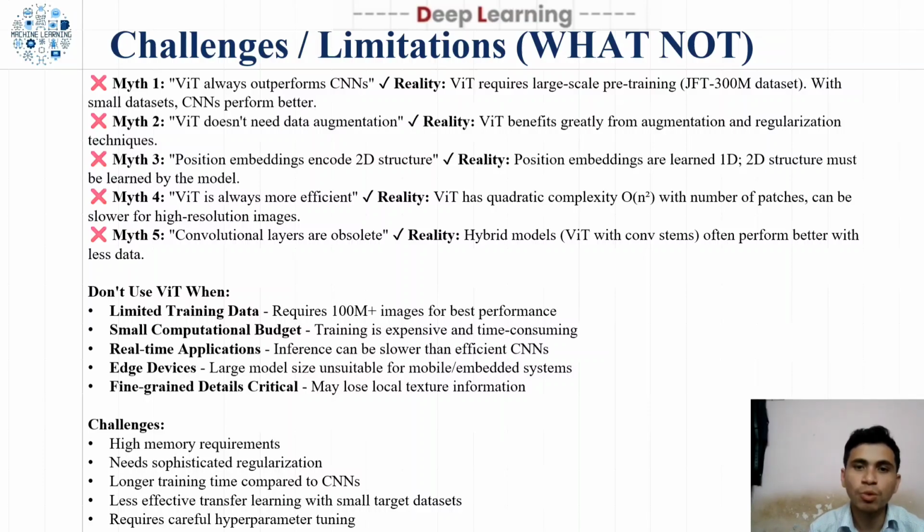Second, with a small computational budget, training ViT is expensive and time consuming, requiring more powerful GPUs and or TPUs. Third, for real-time applications, inference can be slower than efficient CNNs like MobileNet or EfficientNet. Fourth, for edge devices, the large model size can make it unsuitable for mobile phones or embedded systems.